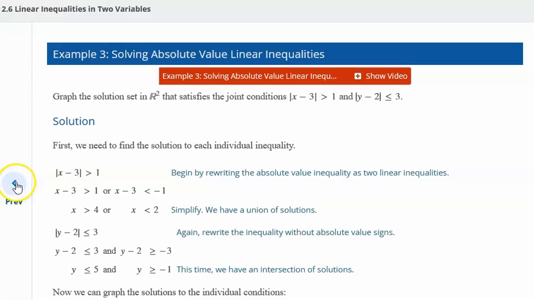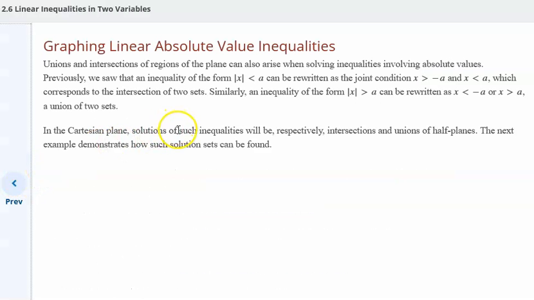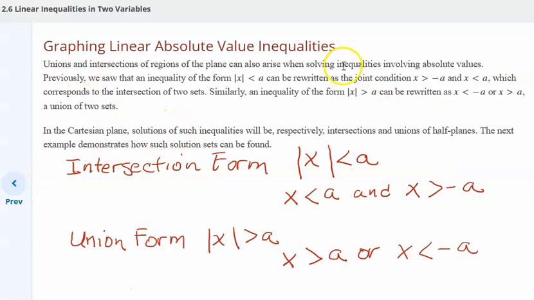Now, in this next one, I'm going to go to some background information first. So you can read this over, but write this in your notes. This is going to be critical for this next part. Now, the intersection form of inequalities: if we have the absolute value of x is less than a, this is the intersection form.